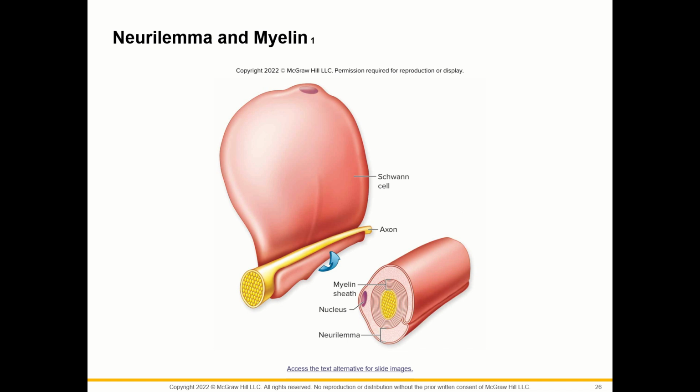But nonetheless, the neurolemmocyte is going to wrap around kind of like a Swiss roll, and it's going to form that neurolemma, which is going to be kind of a fatty material, which makes sense because fat is insulating, and so it wraps around the axon. And this stays alive. Look, the nucleus is alive there, and it's going to have an important role in regenerating any type of damaged axon.